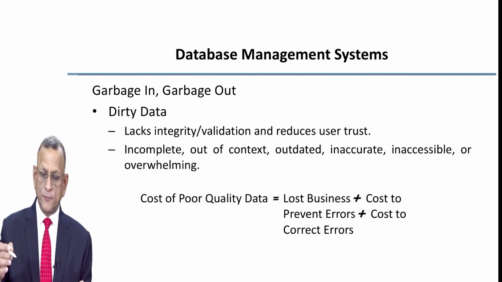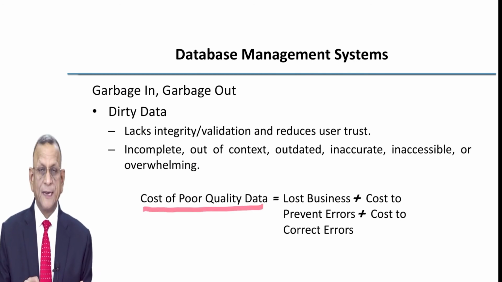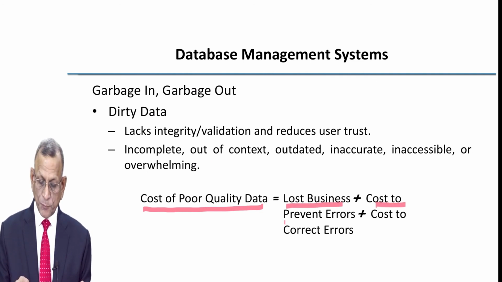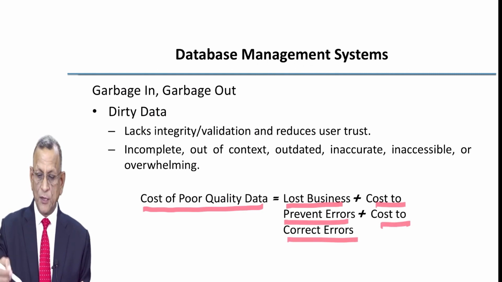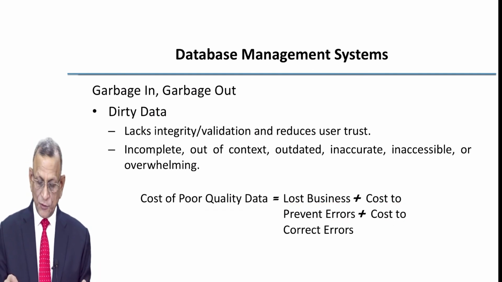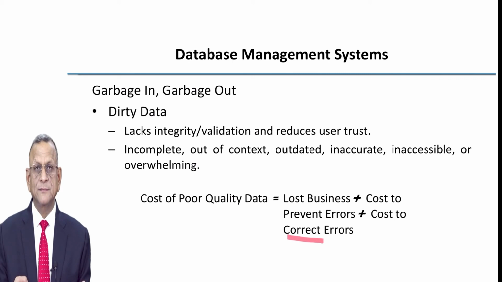What is the cost of poor quality data? The cost is lost business plus cost to prevent errors plus cost to correct errors. We have incorrect data, so we need to correct it.